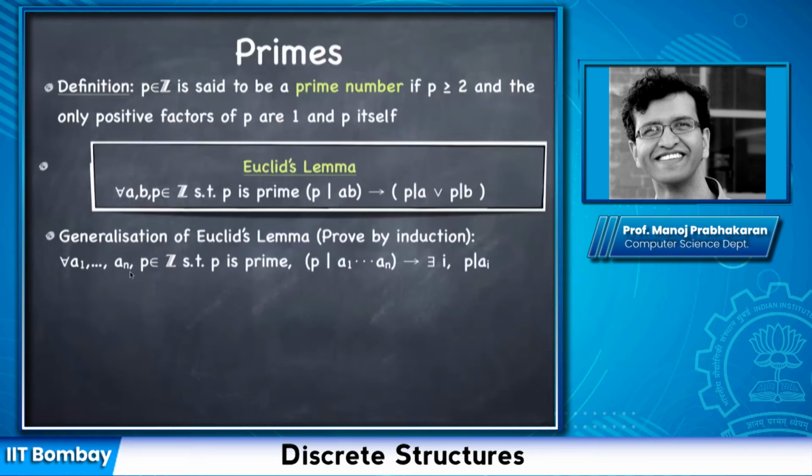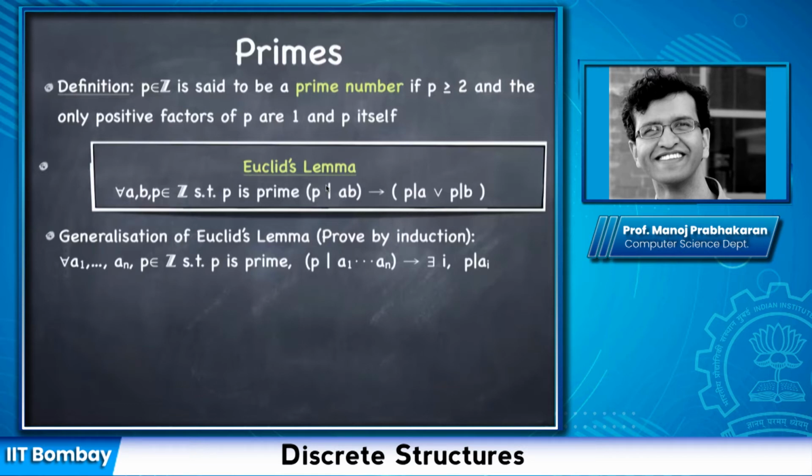The generalization says that if you took a product of n integers instead of 2, and suppose P divides their product, then there is some A_i that P divides. So P has to divide one of these A_i's. That's something you can prove easily by induction using this as a base case. So I'll leave it to you to think about that.